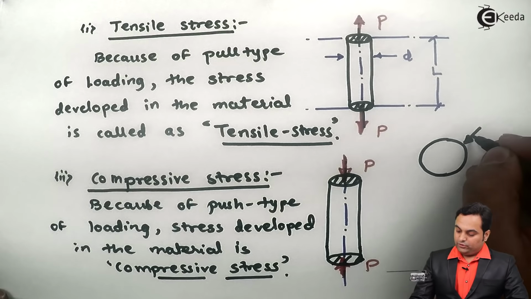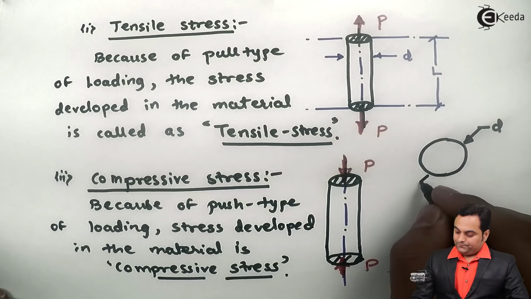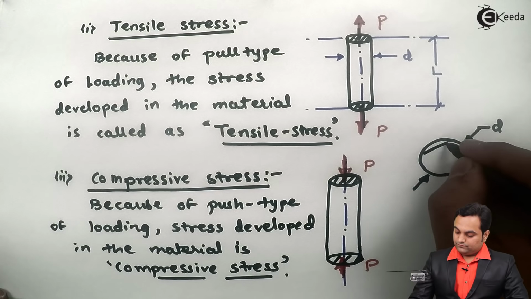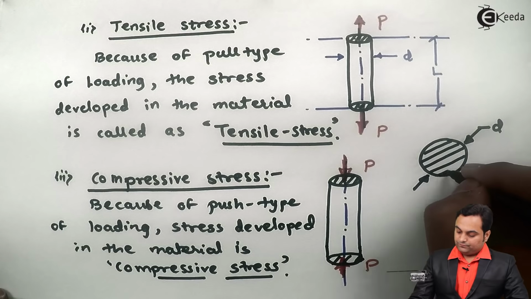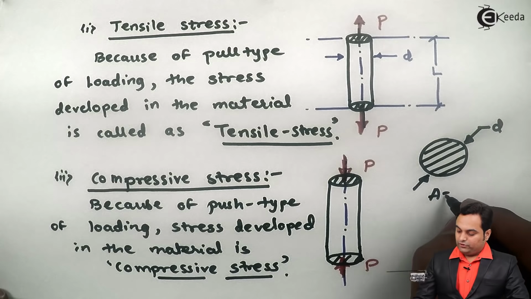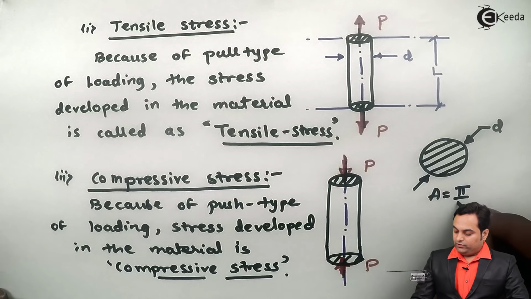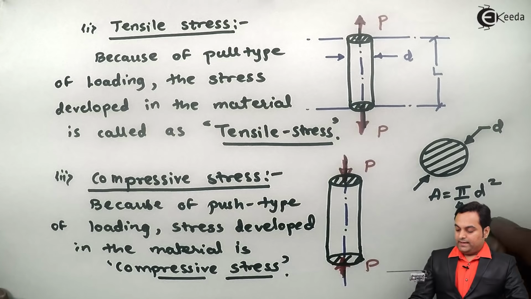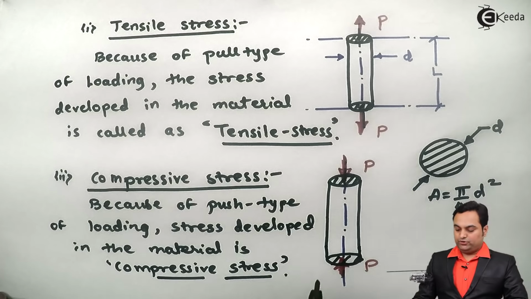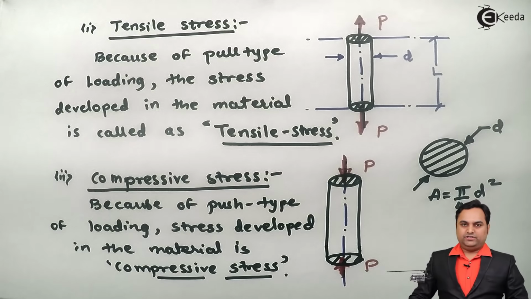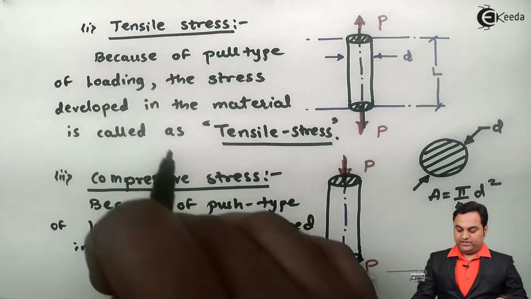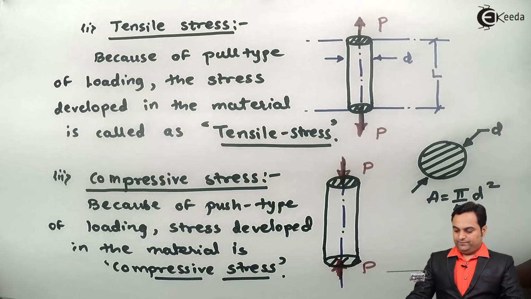If we have a rod of diameter D, then the area of the rod is pi by 4 D square, and this area is subjected to stress, so it is called the cross section area. So this was regarding tensile and compressive stress.